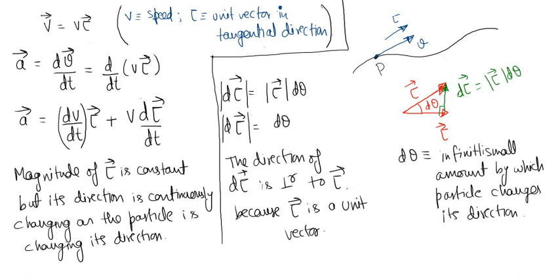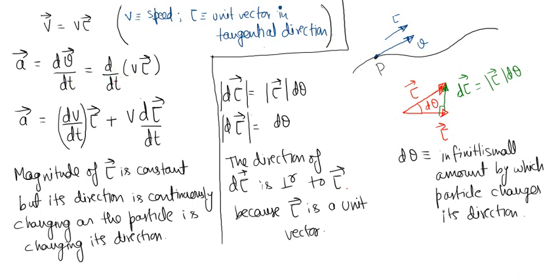Now as the particle is moving, in general its speed may change, and the tangential direction will also change, so tau will also change. So v and tau both will be functions of time. I know acceleration is the time derivative of the velocity vector. So acceleration can be written as dv by dt, which is d by dt of v into tau.